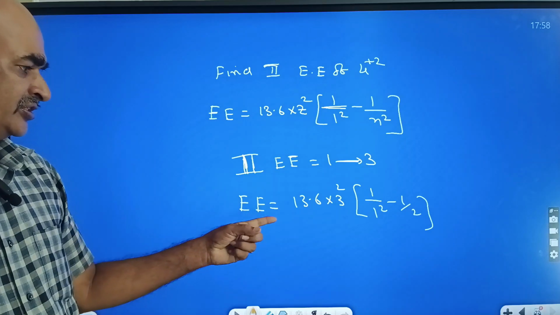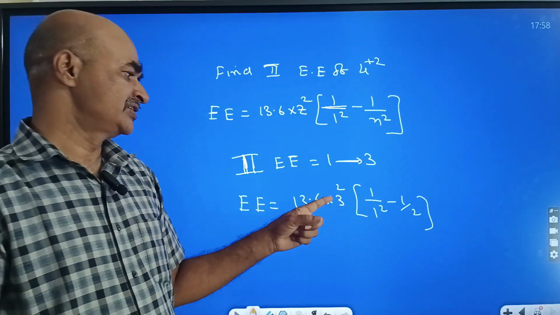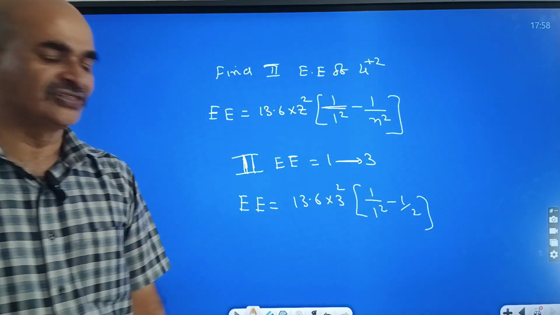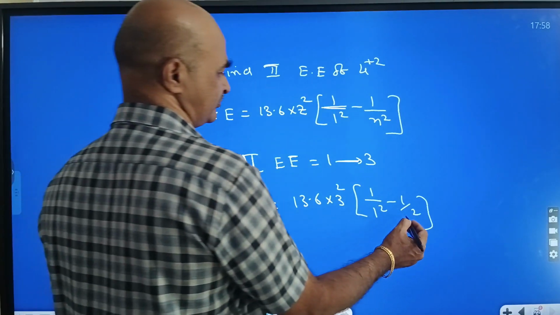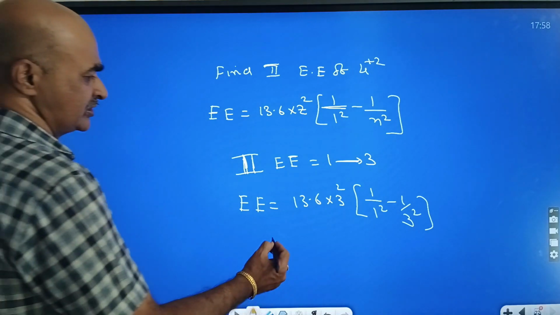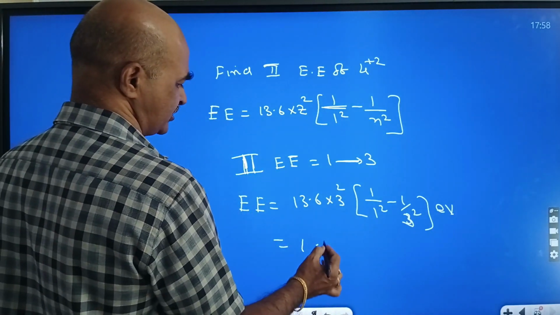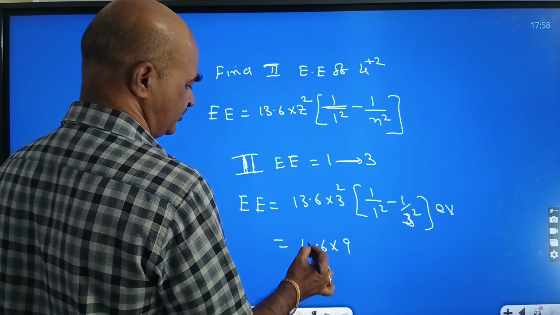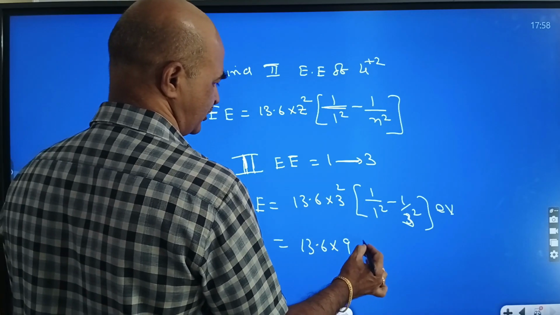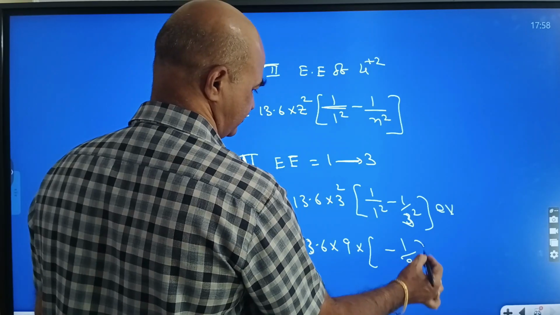Second excitation energy is equal to 13.6 into 3 square, the atomic number of Li being 3, into 1 by 1 square minus 1 by 3 square, in electron volts. That is 13.6 into 9, into 1 minus 1 by 9.